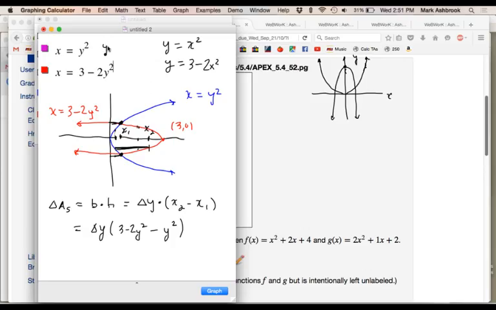That would be y squared equals 3 minus 2y squared, which turns out to be 3y squared equals 3. So y is plus or minus 1.